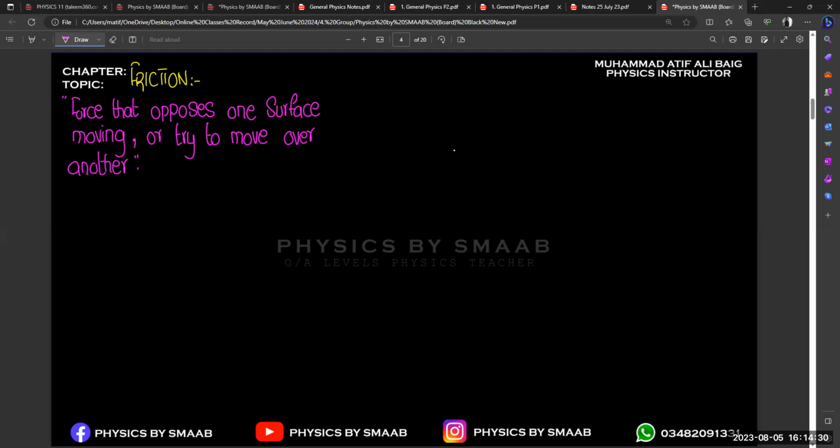Sometimes if there is water on the floor, there are now three layers: one layer is the ground, the second layer is water, and then we place our foot on that surface. Due to that liquid layer, there will be less friction as compared to the original friction between the ground and the sole of the shoes, right? So this is the concept.